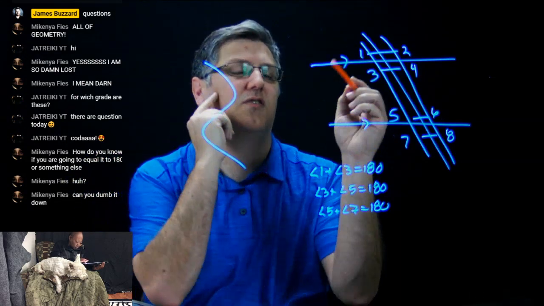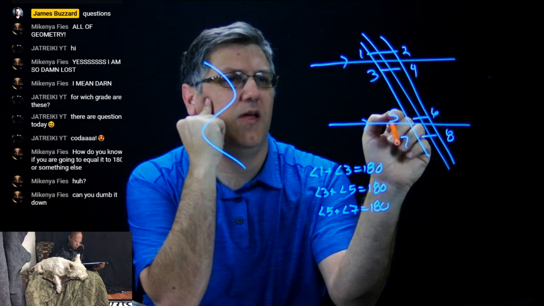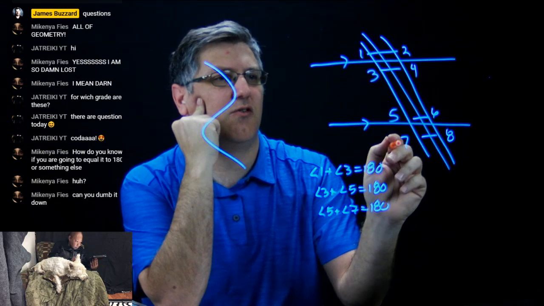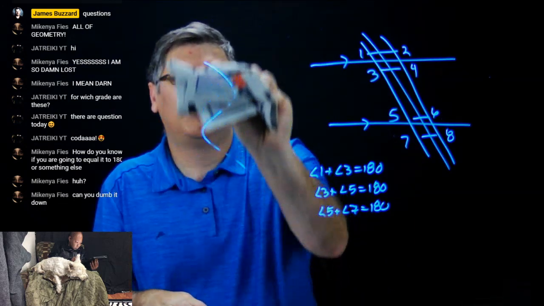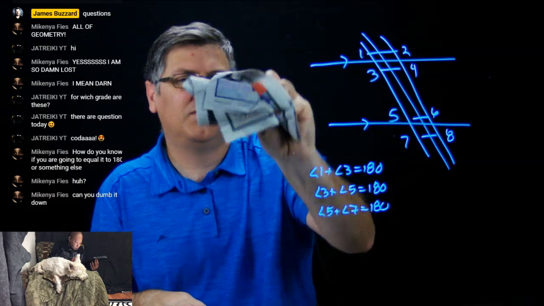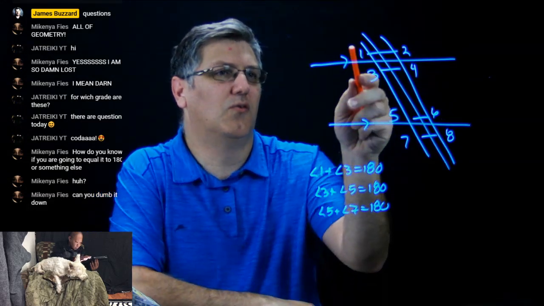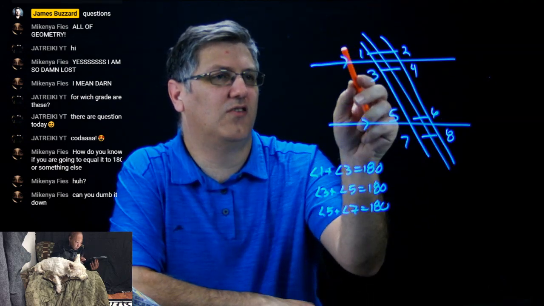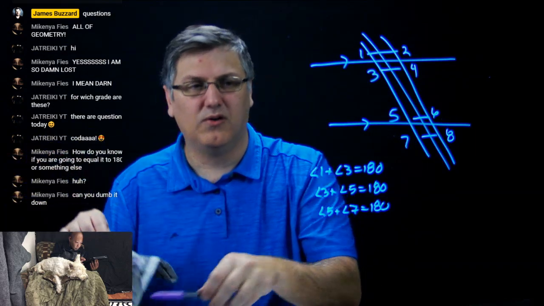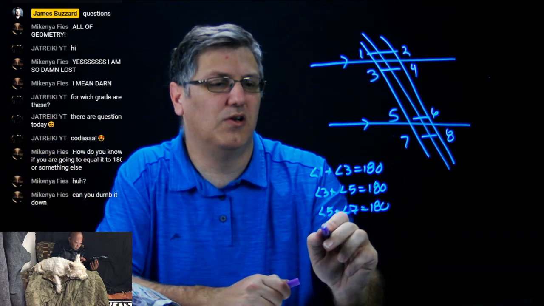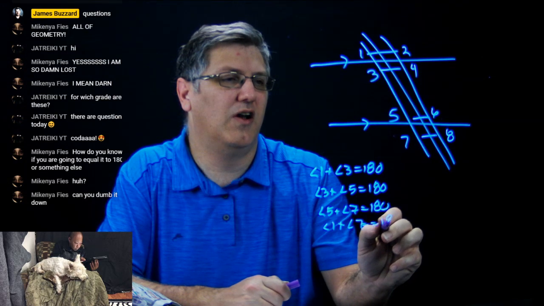We can do this. As long as they don't skip, they equal 180. And the outsides equal 180. Yeah, just think of it that way then. So 1 and 7. If it's not alternate, if it's just like 1 and 7, then they would be congruent as well. So angle 1 plus angle 7 equals 180.